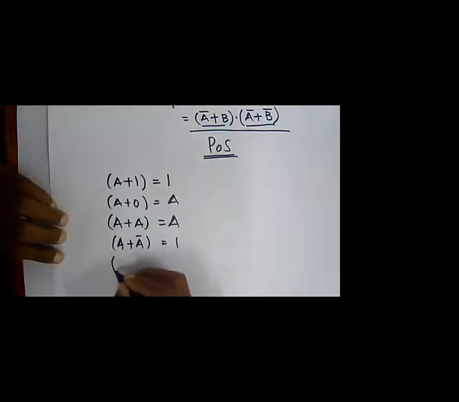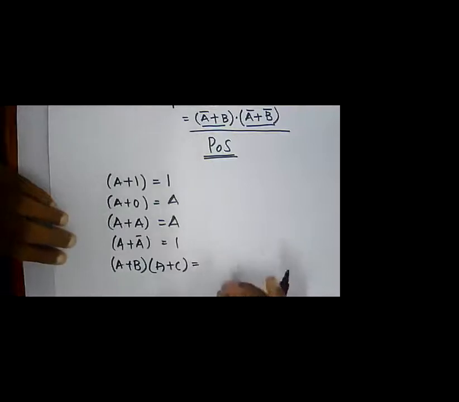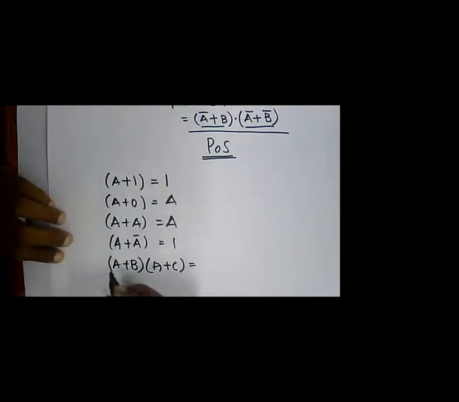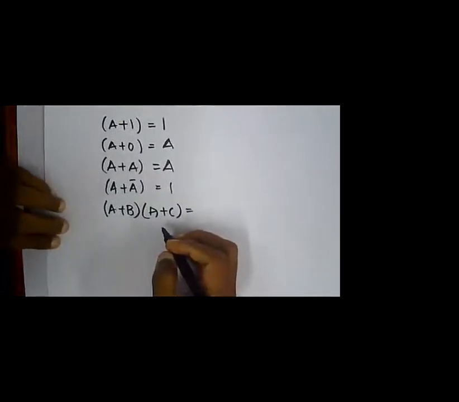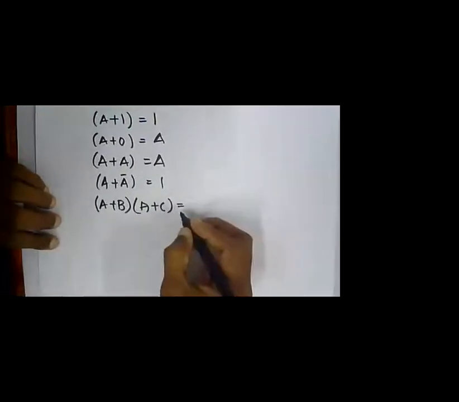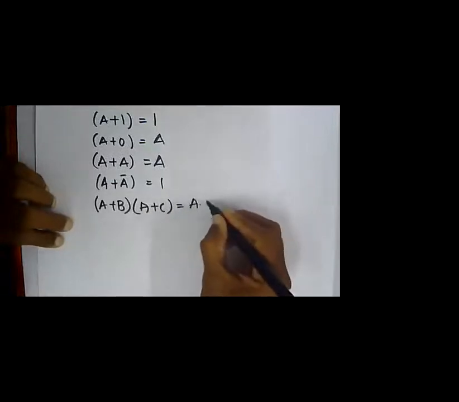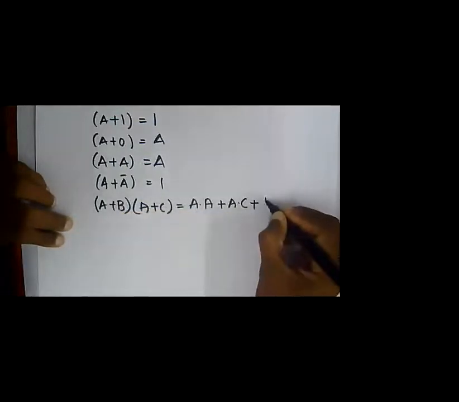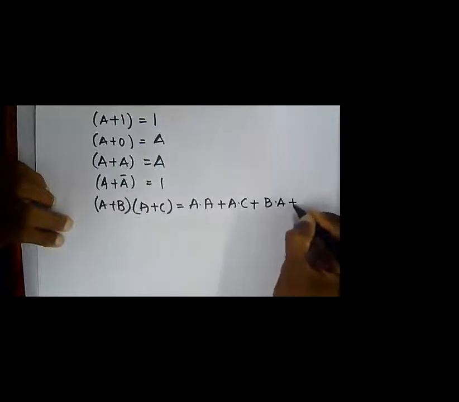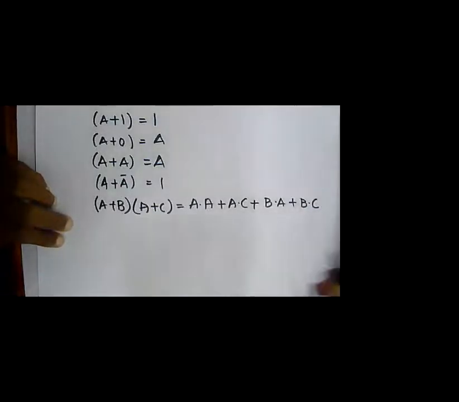Meantime, we have another law called the distributive law: (A plus B) into (A plus C). Simply we can do this by removing the brackets, considering this as simple binary equations. So A dot A plus A dot C plus B dot A plus B dot C. Am I right?